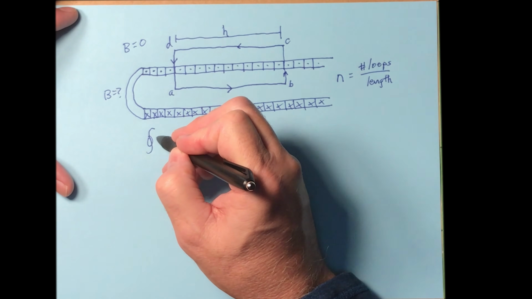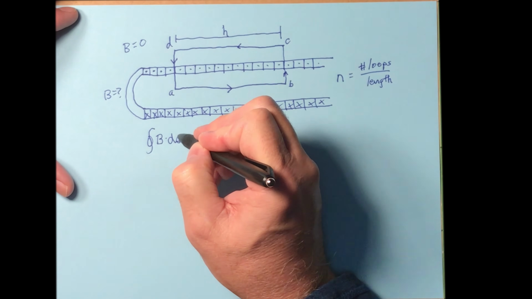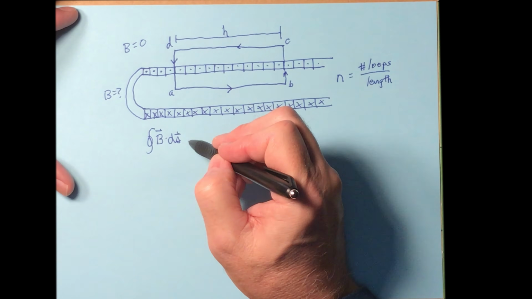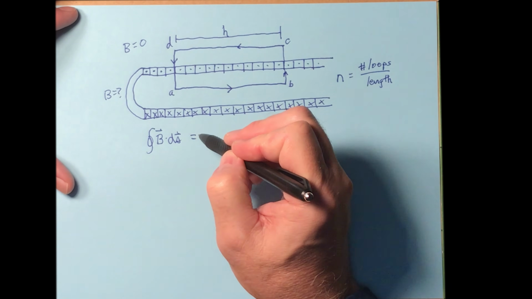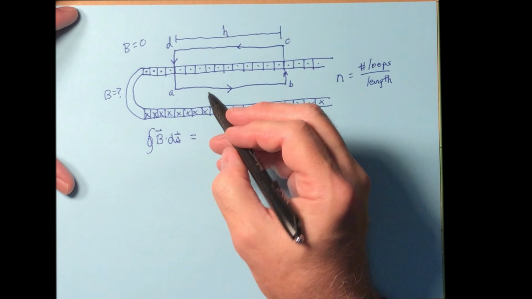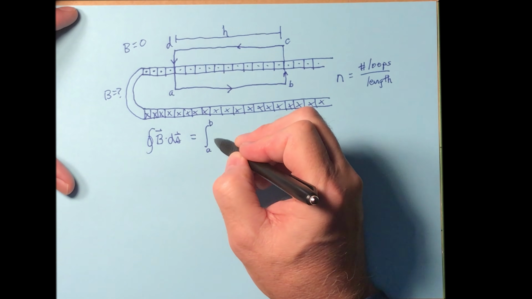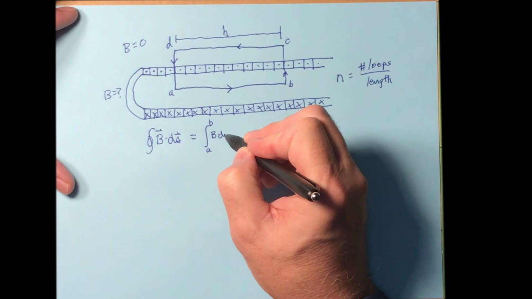Now, closed integral B dot ds. We've got to go all the way around this loop here, so really we can write it this way. We can break that apart and say going from A to B of B dot ds.